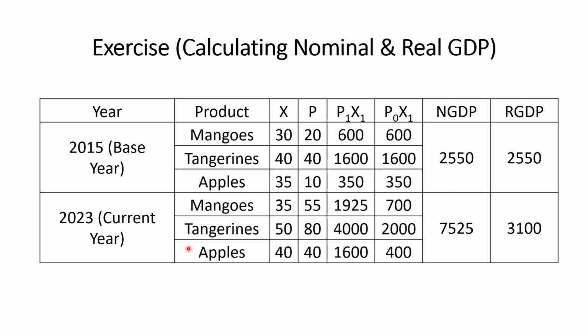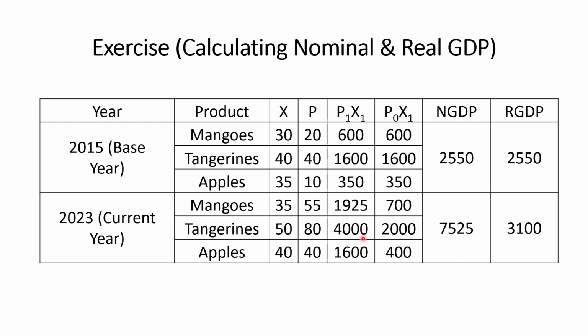Okay, so after that, let's come to 2023. In 2023, if you multiply these two, meaning the production in 2023 multiplied by the price of each, we will get the nominal GDP.